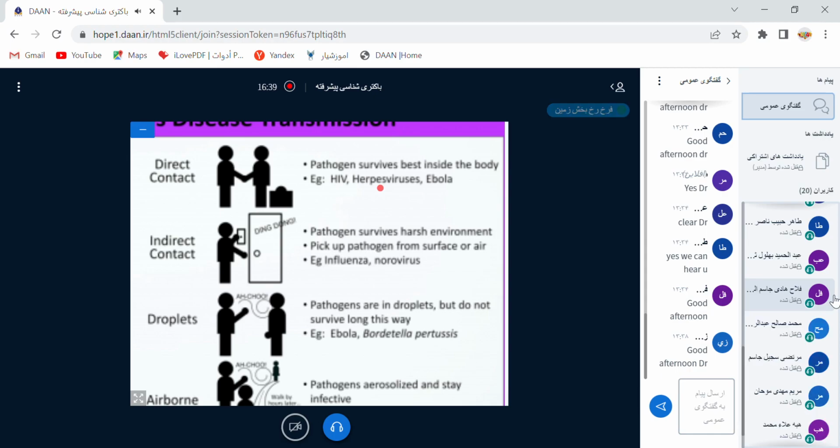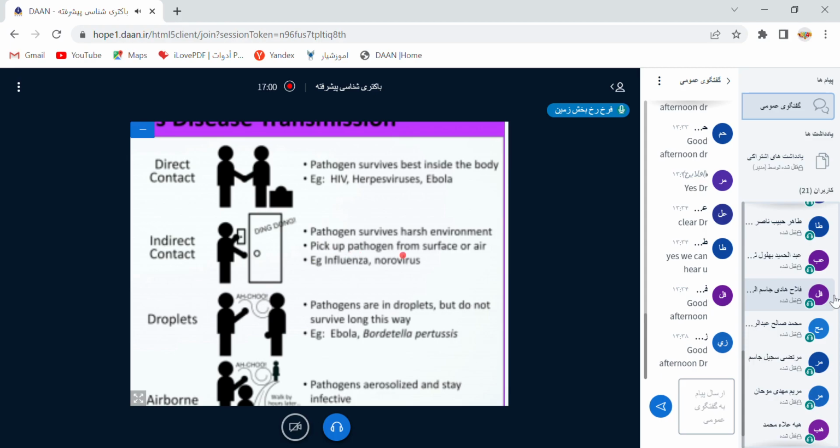Indirect contact. Pathogens survive harsh environments. They are not sensitive as in group 1. In group 2, they can be on different devices.